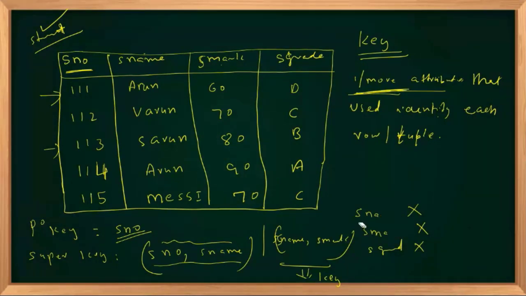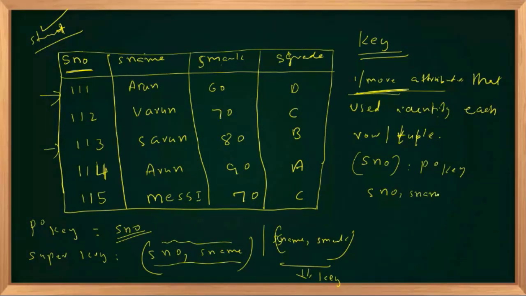So here, in this table, student's number is a primary key. Student's number, comma, student's name is a super key.